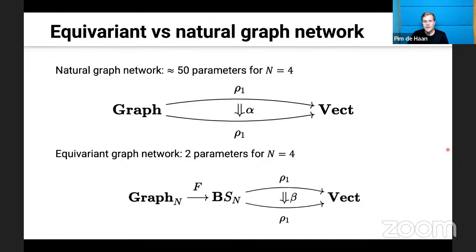Whereas if we forget about the graph and create one transformation for all graphs, then we have many more constraints and thus many fewer parameters. So we have much less expressivity. So that is a reason why you may want to encode this kind of graph structure also in the component in the natural transformation.